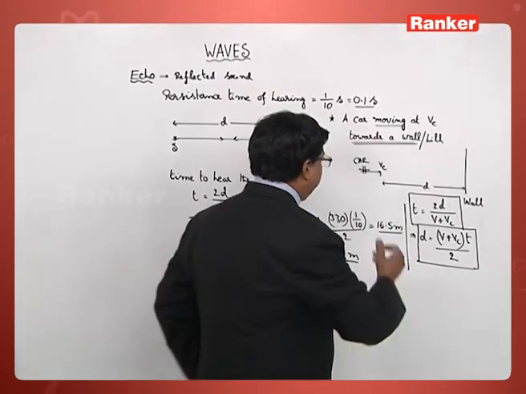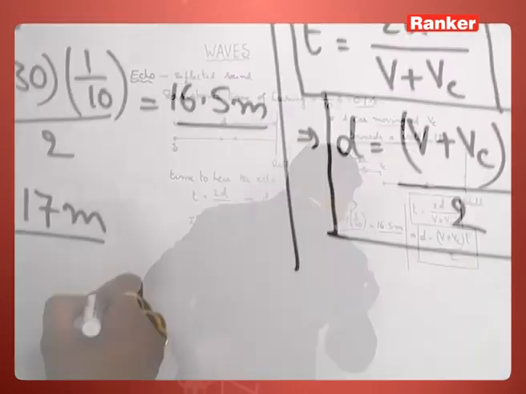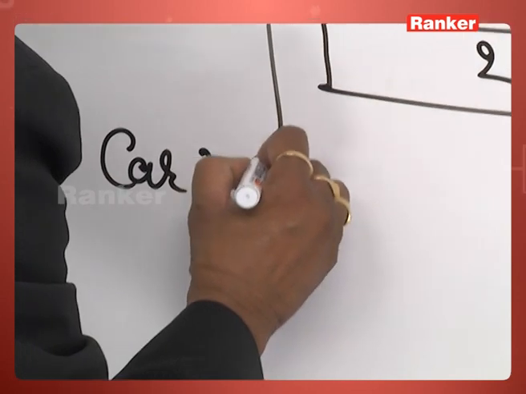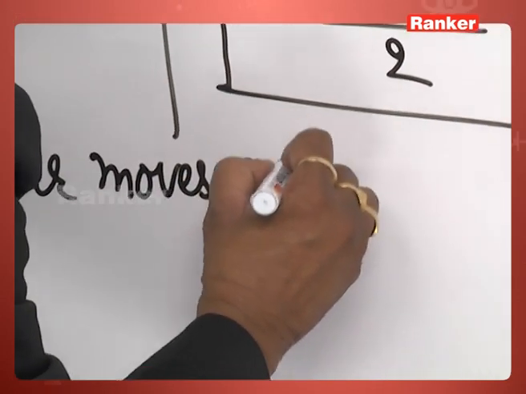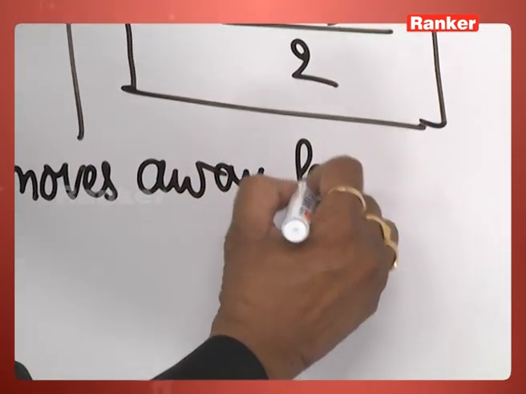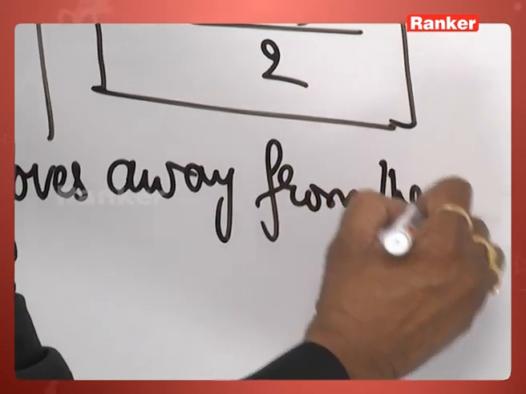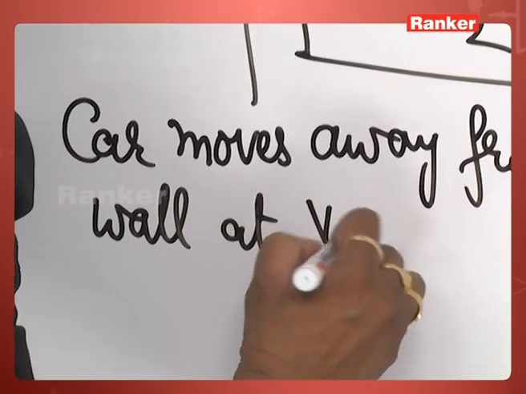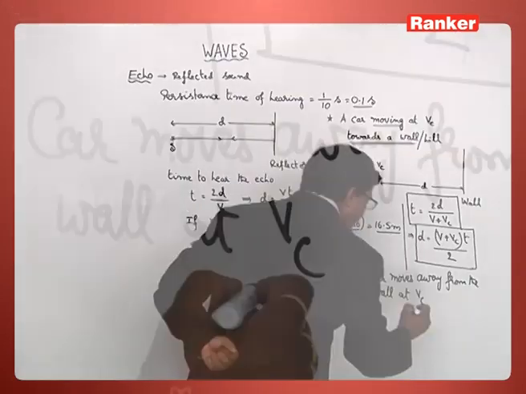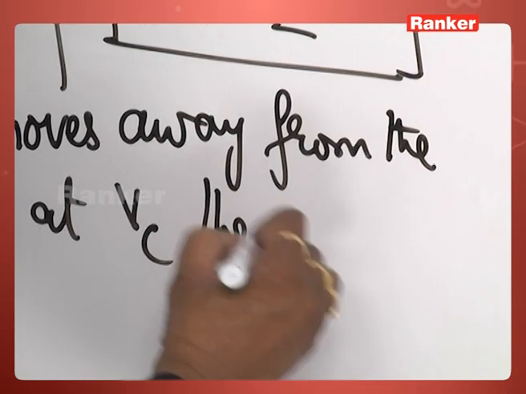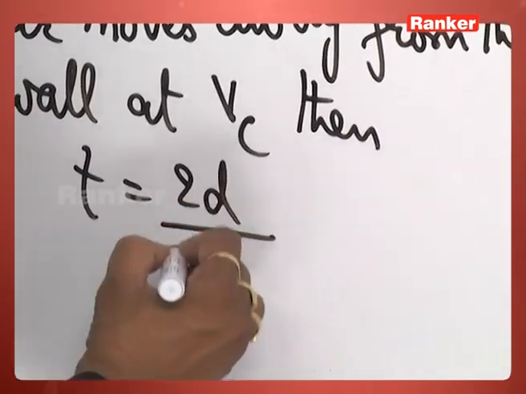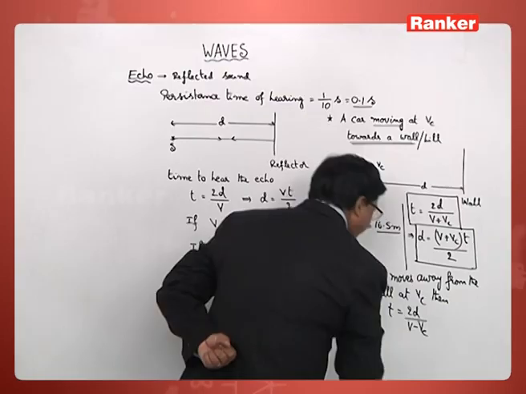So, for example, if I write the same concept over here, when the car moves away from the wall, once again at Vc, the same speed, then you can understand directly that T is equal to 2D by (V minus Vc).